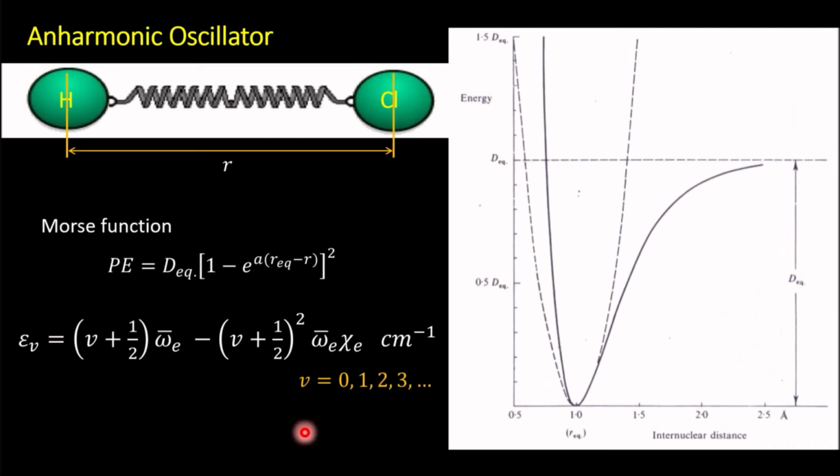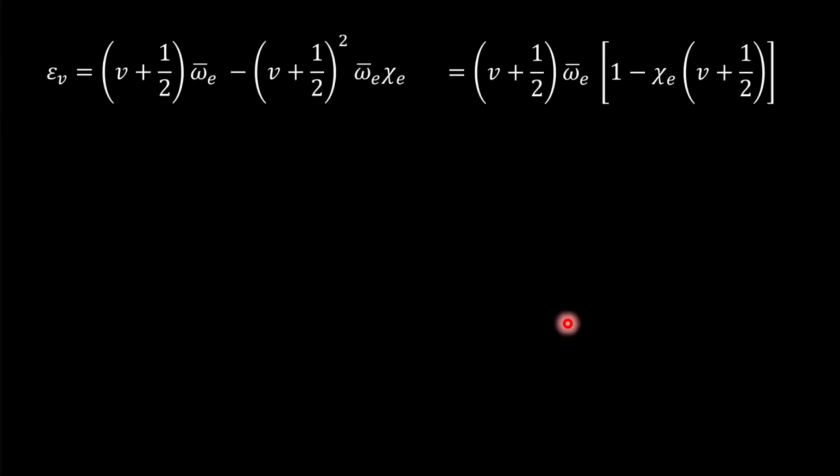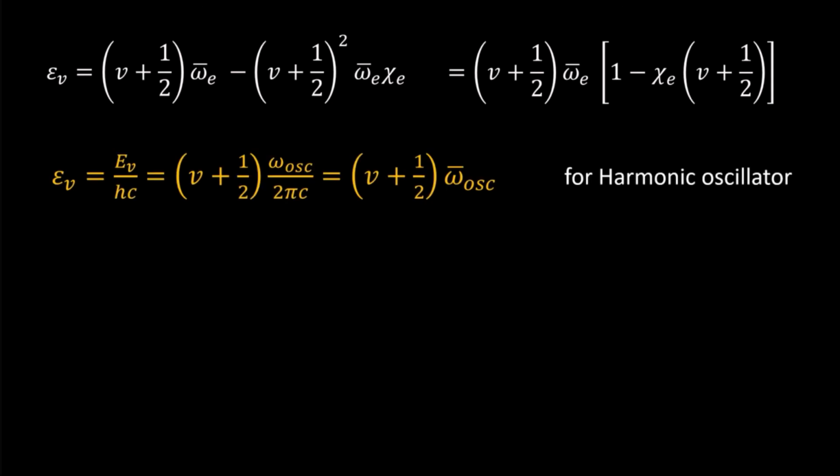To know what omega e bar is, let's rearrange this equation like this. If we compare this with the energy levels of a harmonic oscillator, you can see that omega oscillation bar corresponds to omega e into 1 minus xe into (v plus half).